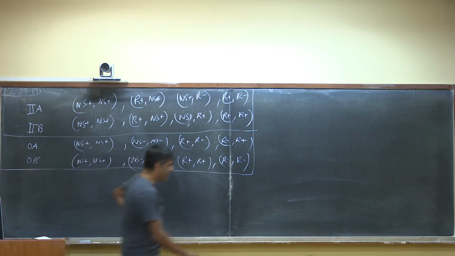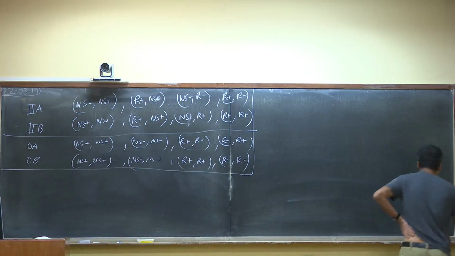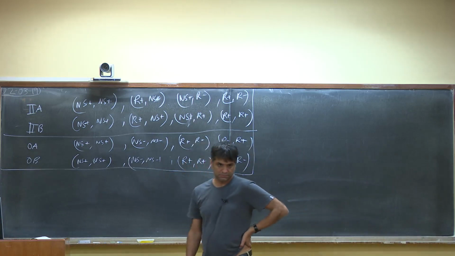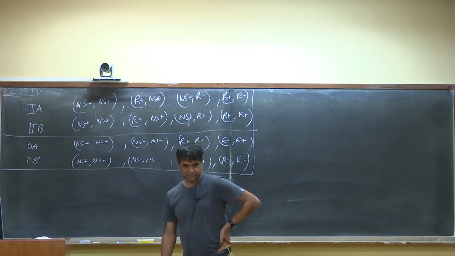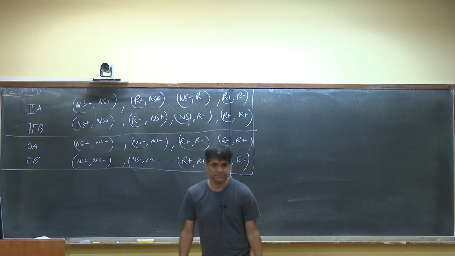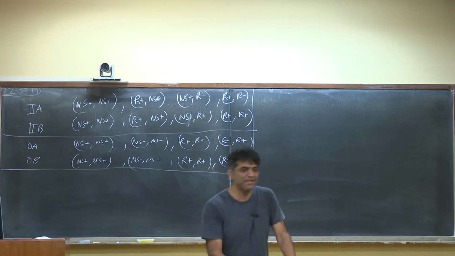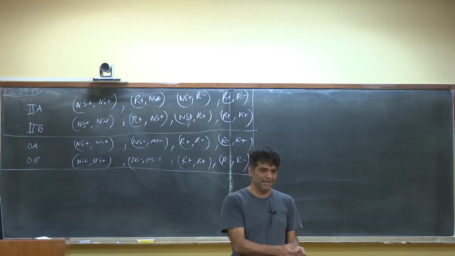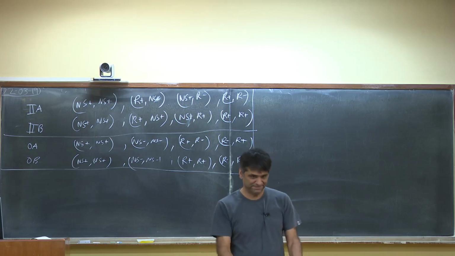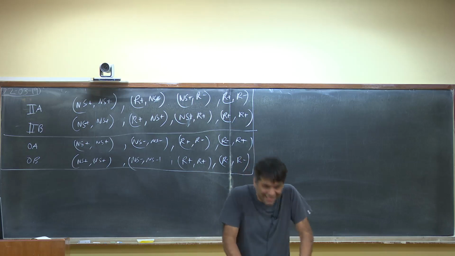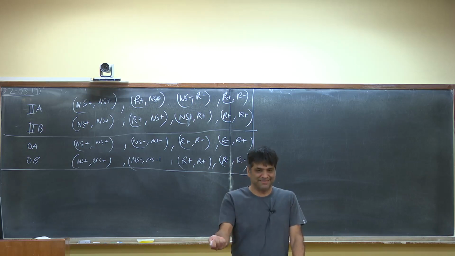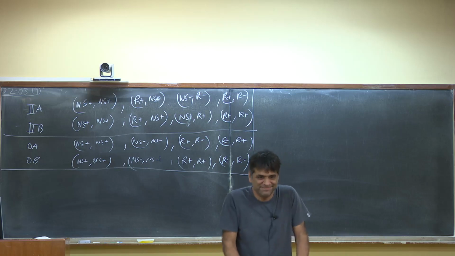So what was the check for chirality? The A's are non-chiral and the B's are chiral. And what was the check again? Left and right, which one is which makes no difference. The question is whether there is one plus and one minus, in which case it's non-chiral, or if there are two pluses, then it's chiral.